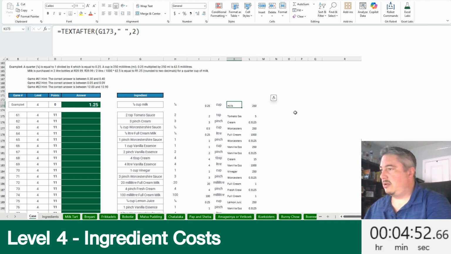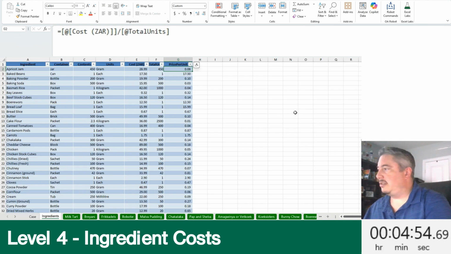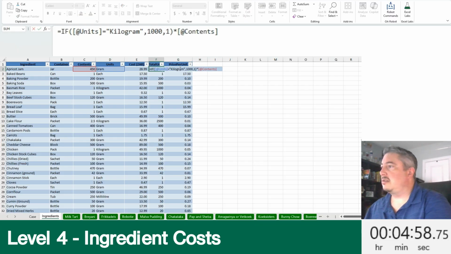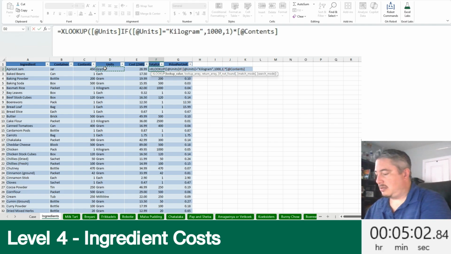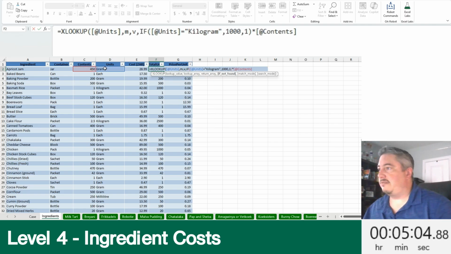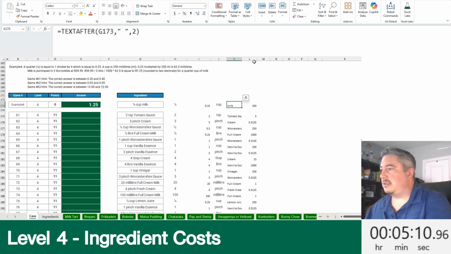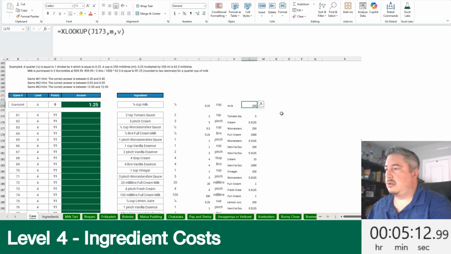Okay. Before we were dealing with grams and kilograms, and I didn't adjust this. So now we have to do this. Let's look up the units, MV, and if those aren't found, then just do what we were doing before. Okay, so that should change my price.